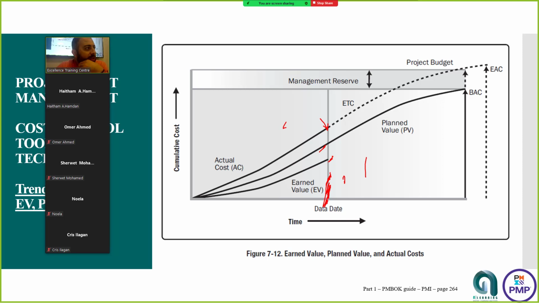At this point, you are trying to know what your performance is, and based on that performance, you will expect what will happen later in your project. So you'll know the estimate at completion, the budget at completion, and the estimate to completion based on your performance. That's the purpose of having those equations, and the bigger purpose is to make a decision.